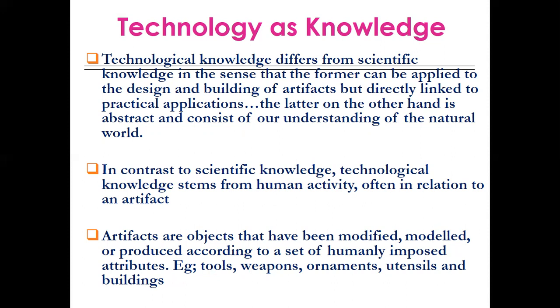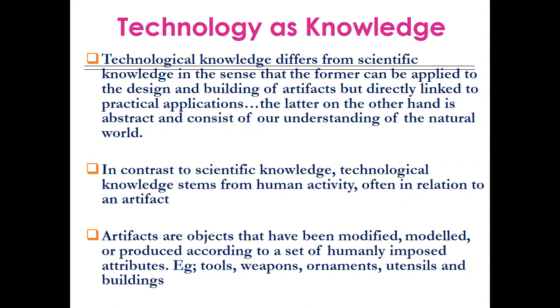But scientific knowledge, they're saying, is the knowing of something, the things we know concerning the natural world, the things we know about sickness and all of that. It's in our mind, not transformed into an artifact. Those are two different things. So, in contrast to scientific knowledge, technological knowledge stems from human activity, often in relation to an artifact. That's the difference.